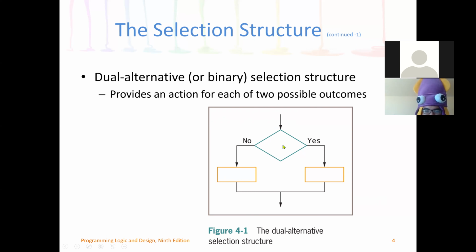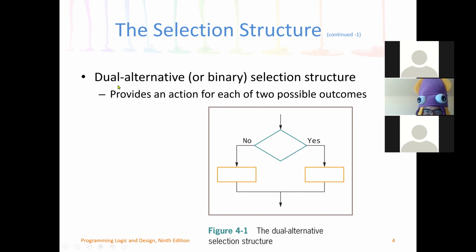If the condition is yes, then we are going to execute the task on our right side. If the condition is false, we go to the left side, which is no, so we execute the task on our left side. This is called a two-way selection structure.